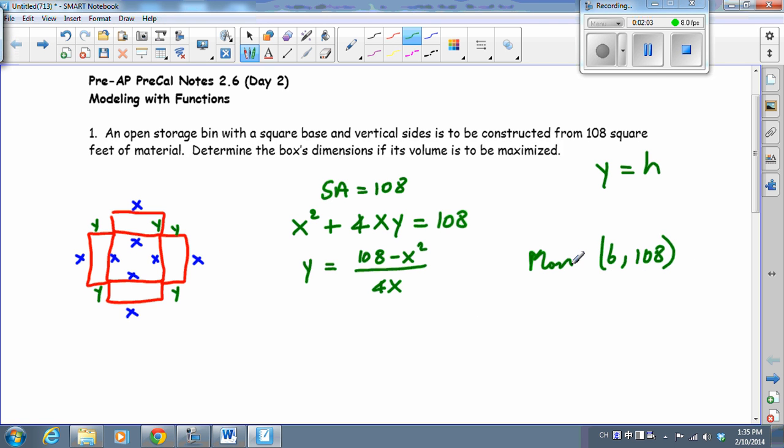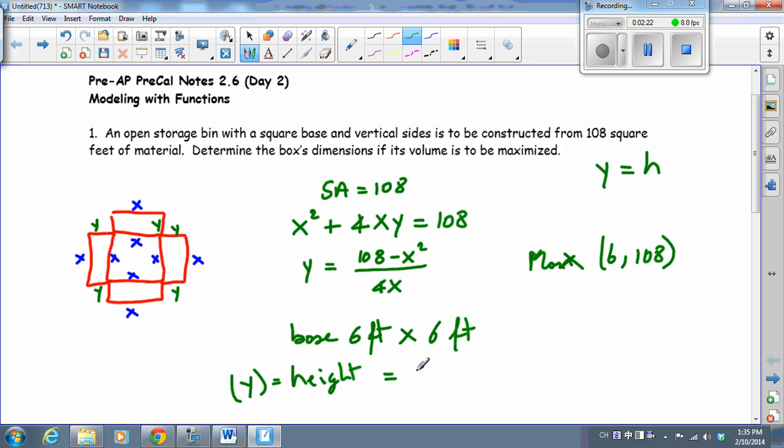Since the maximum is at 6, it means that the base is 6 feet by 6 feet, and the height, which is Y, is equal to 3 feet.